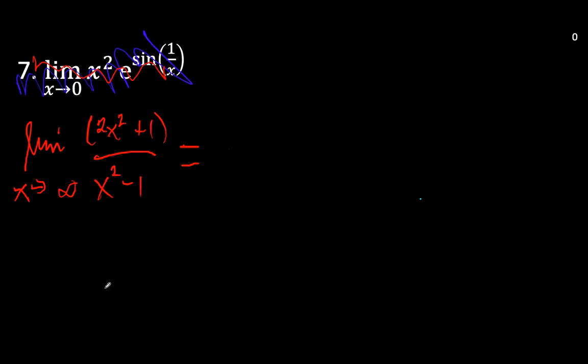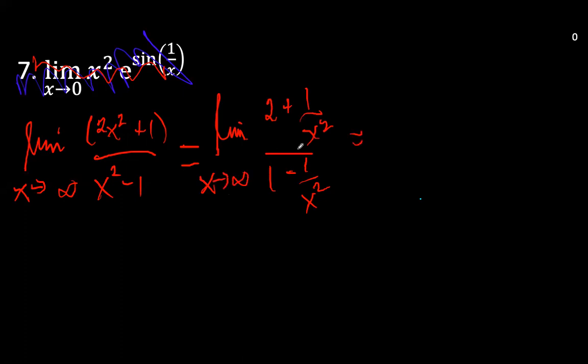So that's the limit of 2 plus 1 over x squared all over 1 minus 1 over x squared, as x approaches infinity. Let's take the limit term by term. What's the limit of 2 as x approaches infinity? This is 2. This is 0 over 1 minus 0, which is equal to 2.